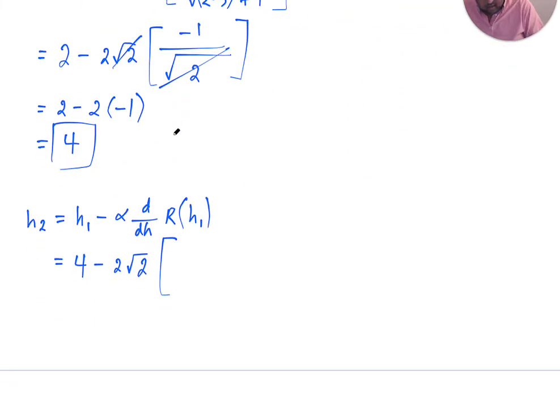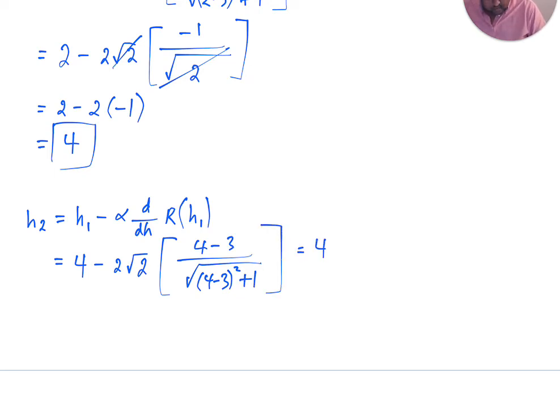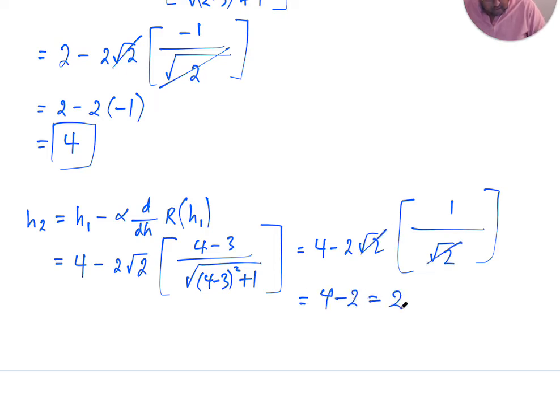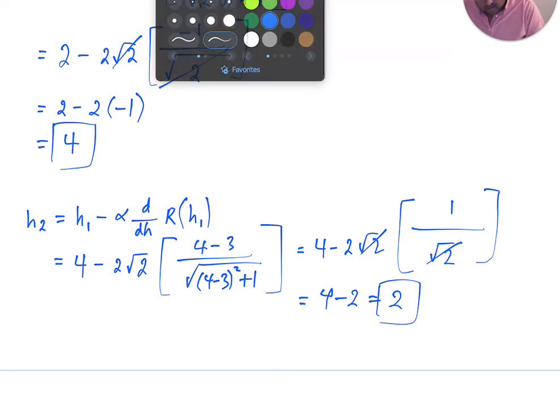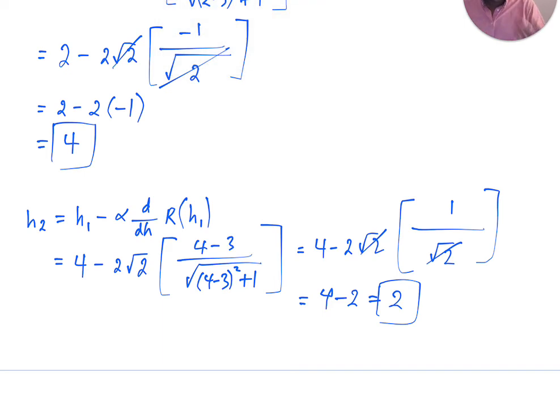So that gives me 4 minus 3 over the square root of 4 minus 3 squared plus 1. And again, doing some simplification, I have 1 on the numerator and root 2 on the denominator. These cancel out, and I'm left with 4 minus 2, which is 2. So my final answer to the first part, which is just asking for what h1 and h2 are, is that h1 is equal to 4, h2 is equal to 2.